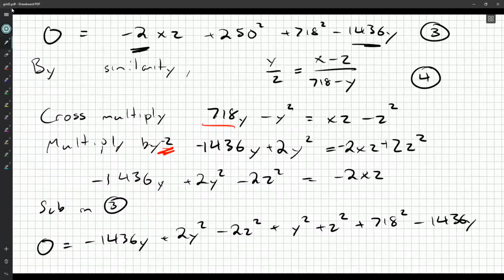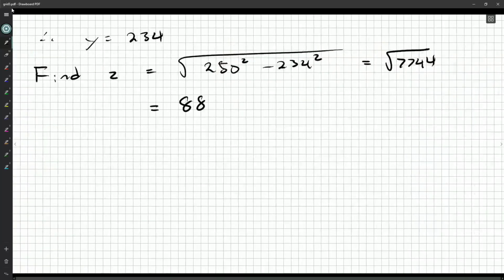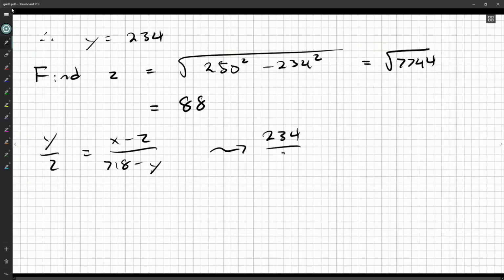Y over z is equal to x minus z over 718 minus y. So that's 234 over 88 is x minus 88 over 718 minus 234.